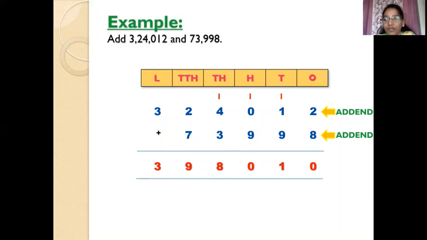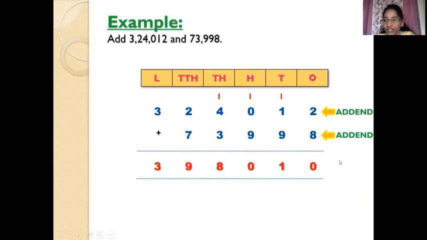The same way you follow to add the thousands place. So 4 plus 3. 4 and 3 are the digits here in thousands place. So 4 plus 3 is 7 plus 1 being carried, so 8. So 2 plus 7 is 9 in 10,000s place. 3 as it is down in lakhs place.